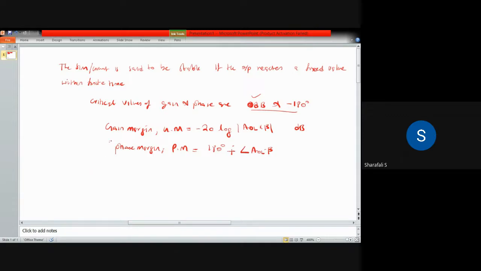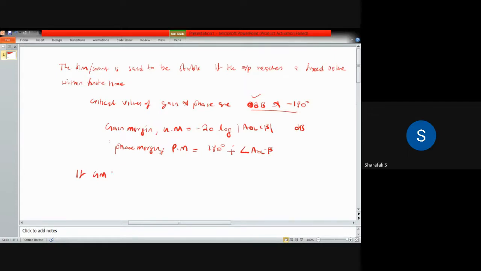If your phase margin, under this condition, these are the two conditions. You can write that in terms of phase margin also.